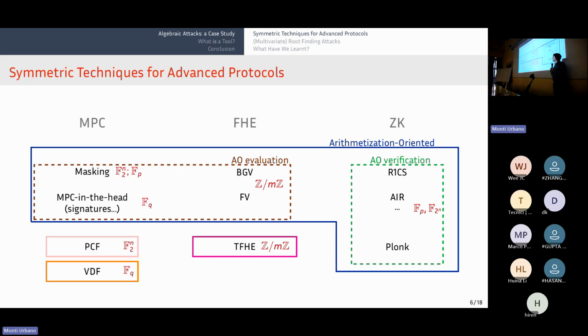That being said, in my opinion, if my life depended on the security of an AO primitive, which I hope doesn't happen by now because I don't think the field is mature enough, but let's imagine, I would go a different route. I would say that what's important is to have something that's closer to what we know, which is instead of having a few words over big fields, to have a lot of words over small fields.